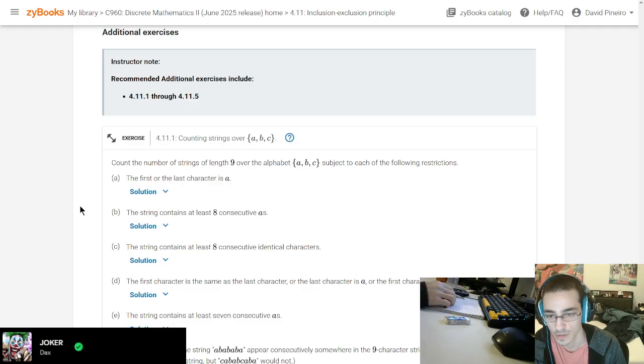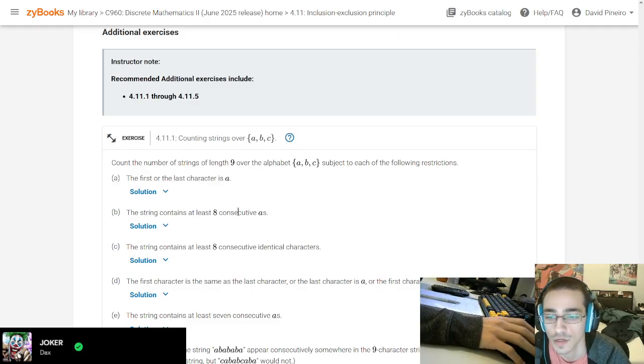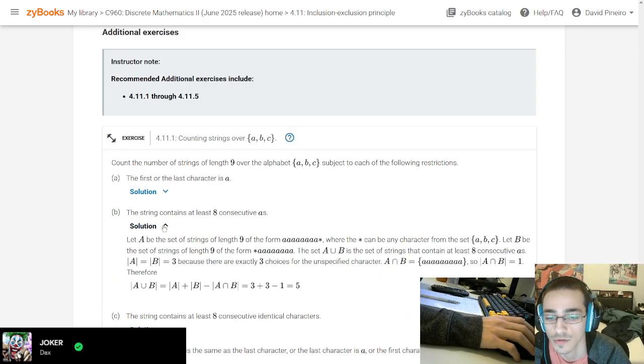For each position, you would have 3 possibilities left. So isn't it just 2 times 3?